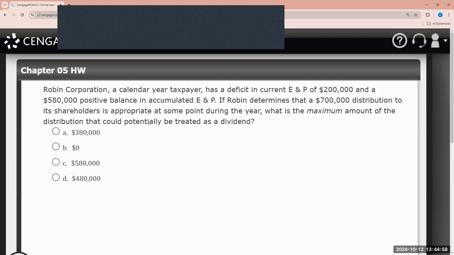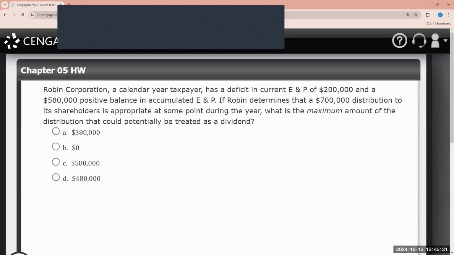Here it asks, what is the maximum amount of the distribution that could potentially be treated as a dividend? Robin Corporation, a calendar year taxpayer, has a deficit in current E&P of $200,000 and a $580,000 positive balance in accumulated E&P. If Robin determines that a $700,000 distribution to its shareholders is appropriate at some point during the year, what is the maximum amount of the distribution that could potentially be treated as a dividend?